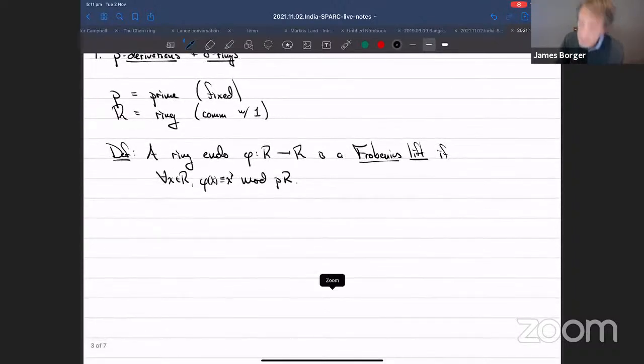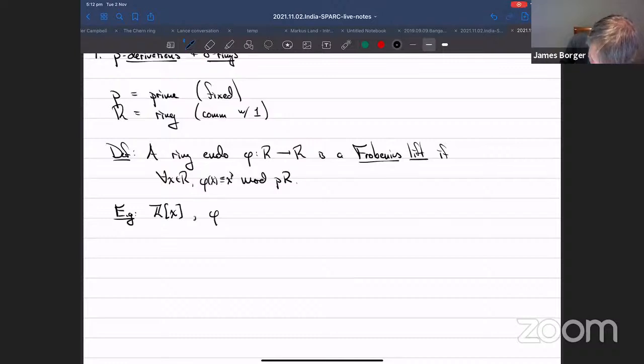It's also possible. Yes? What examples of R can we keep in mind? Yes, I have a whole bunch of them. For instance, you could just take polynomials in one variable. An endomorphism is described by what it does on the generator, and you can send it to x to the p plus p times anything you want.